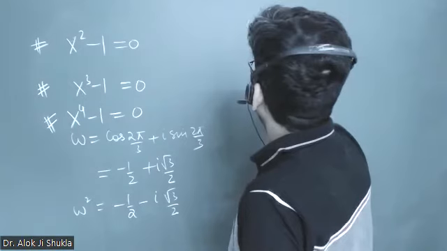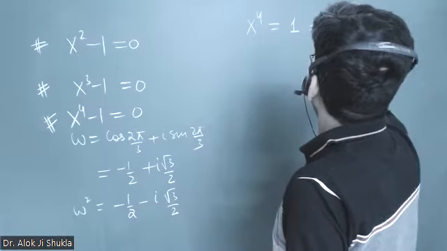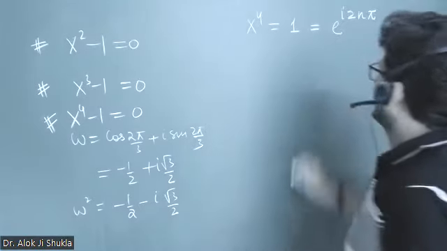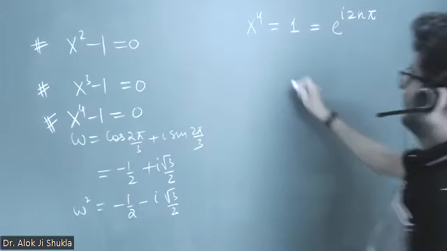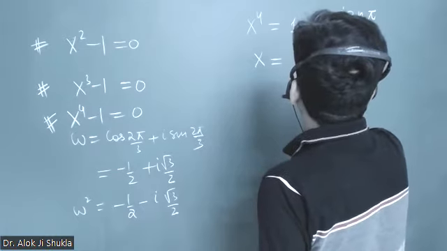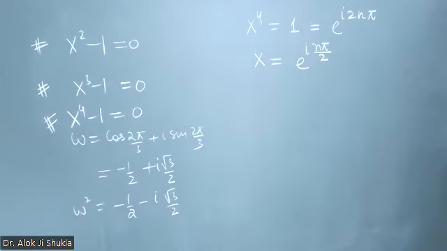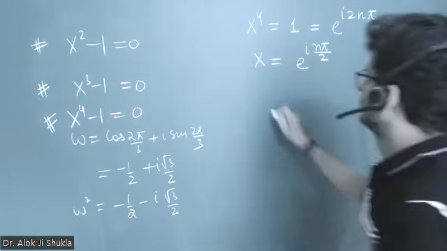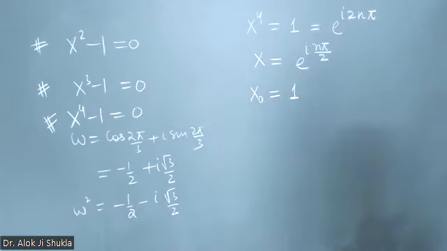So how I will write x to the power 4 is equal to 1? e to the power iota 2n pi. So what is x? e to the power iota n pi by 2. X0 is 1.